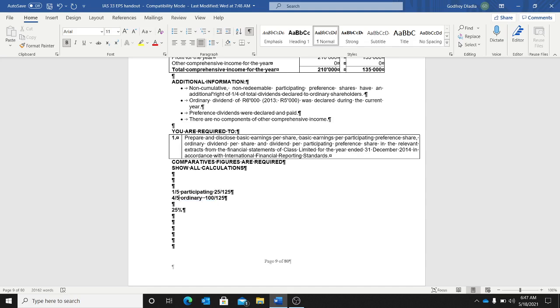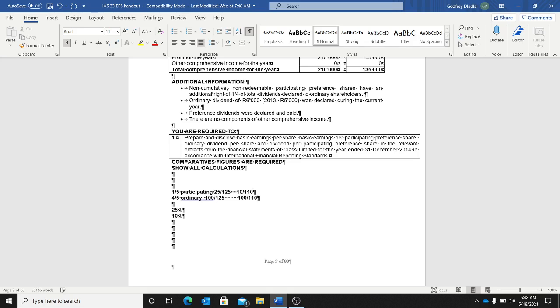If the percentage was 10%, it would be 10 divided by 110, and 100 divided by 110. So I've shown you two percentages in terms of how you work this out.